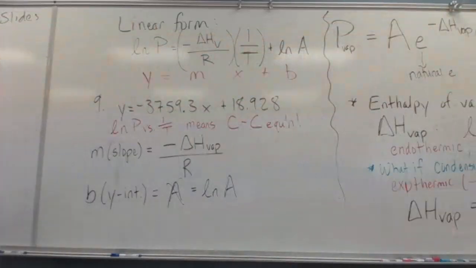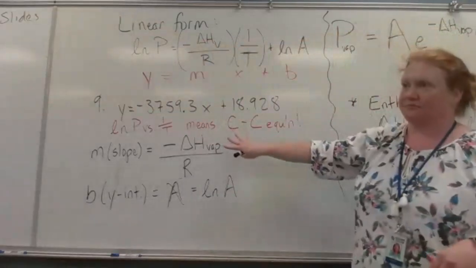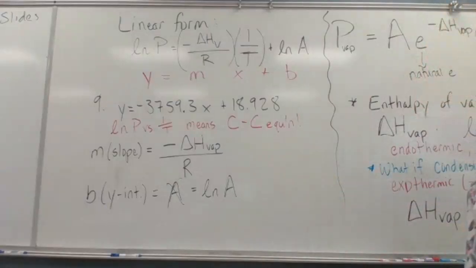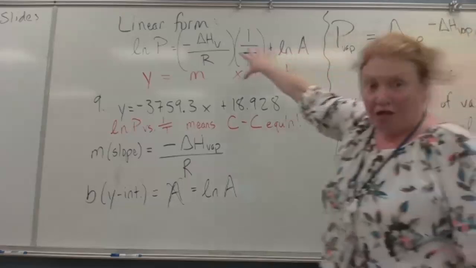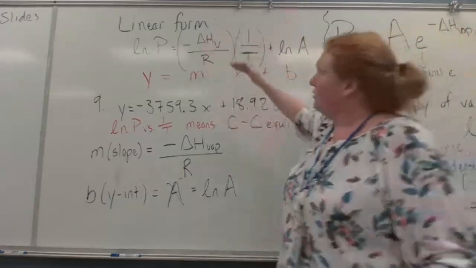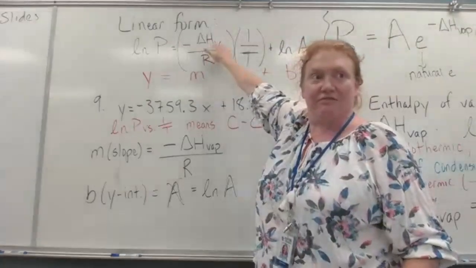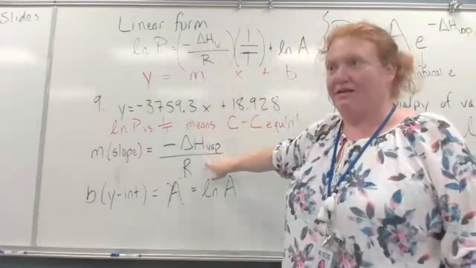What did I ask you to solve for? Determine delta H of vaporization and A for this substance in this graph. The relationship between pressure and temperature, when we take the natural log of it, we should always be able to figure out this consistent value of delta H. If we know the slope, we can get that value.